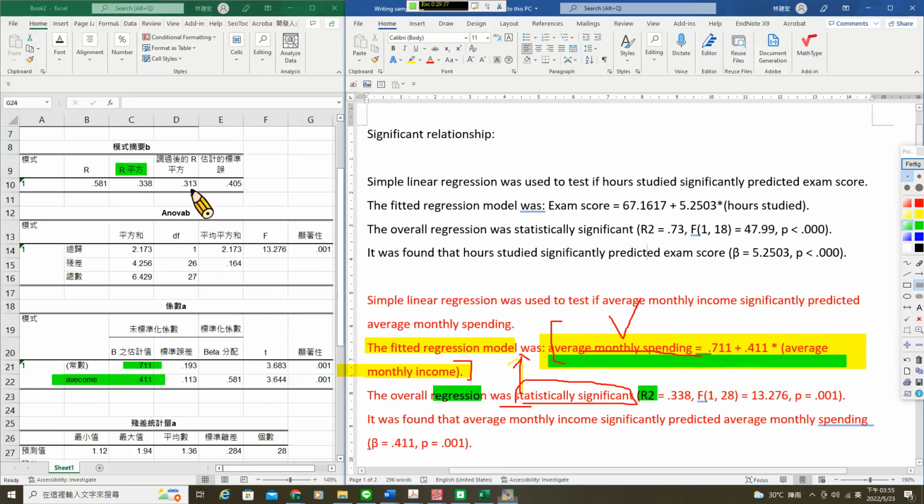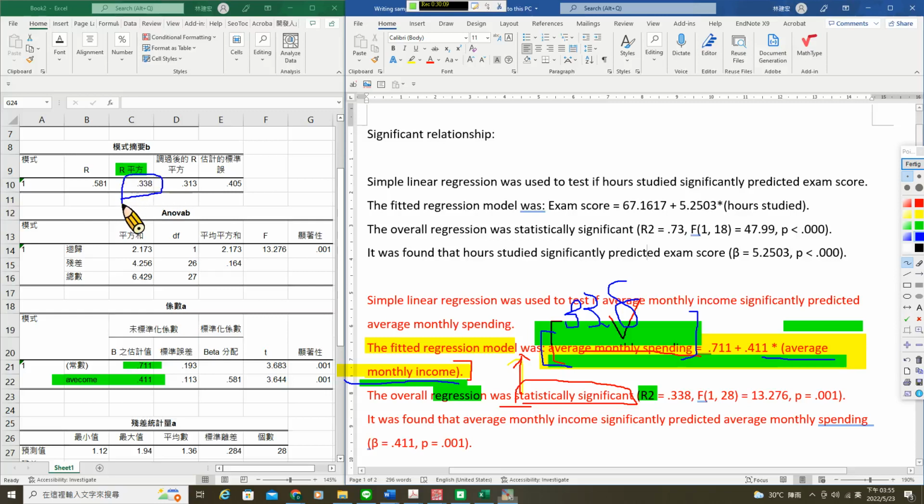This means that 33.8% of the value for this variable can be predicted by these independent variables. So basically, 33% of the average monthly spending can be predicted by the average monthly income. The correctness is this one. And what is the probability of this one?